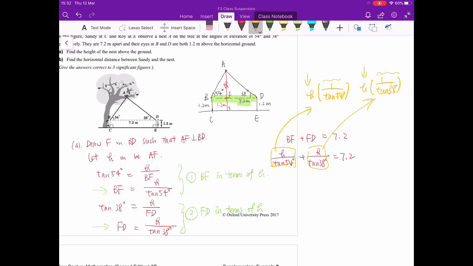So you are adding up these two expressions, so you can take out the common factor H here, and then the remaining part will be 1 over tangent 54 degree plus 1 over tangent 48 degree, equals 7.2. Okay, taking out a common factor, factorization you learned before.